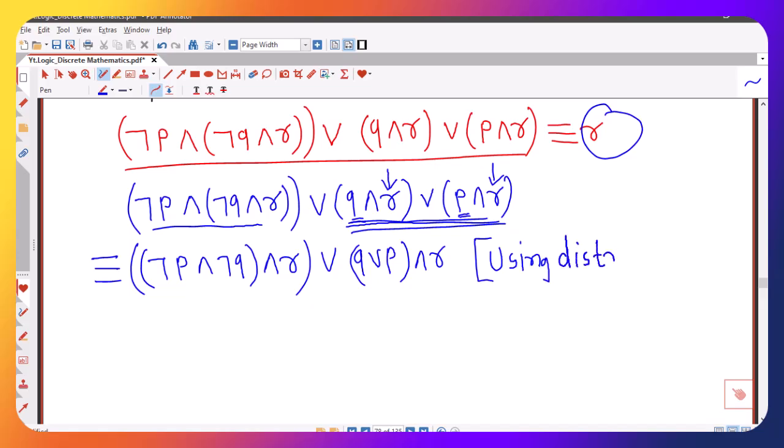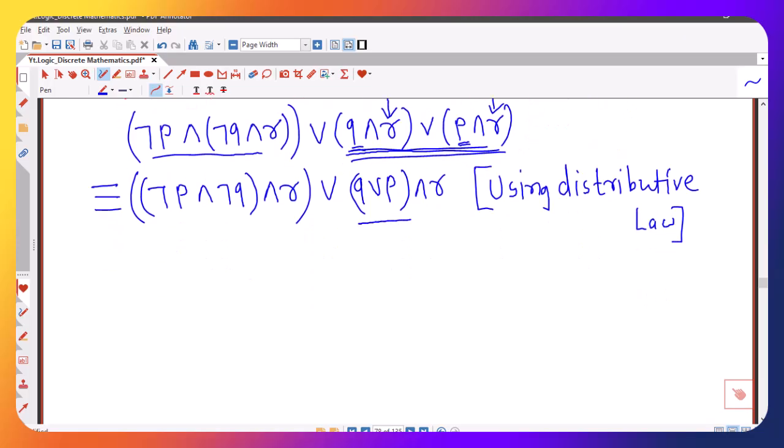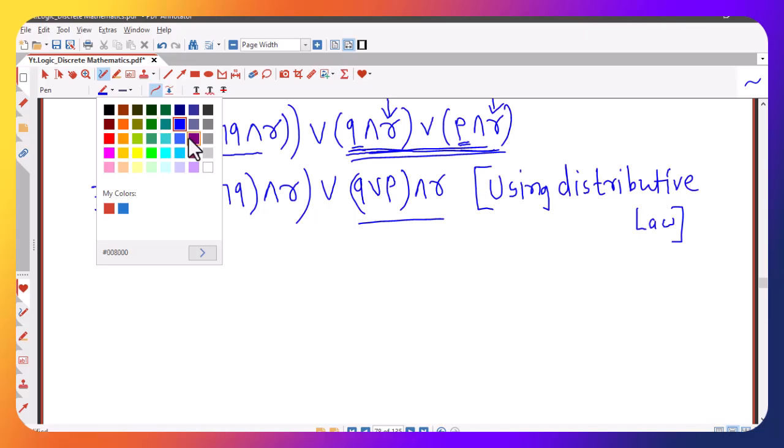I have to mention that whatever logical law I am applying, using distributive law, (Q or P) and R is logically equivalent to (Q and R) or (P and R).